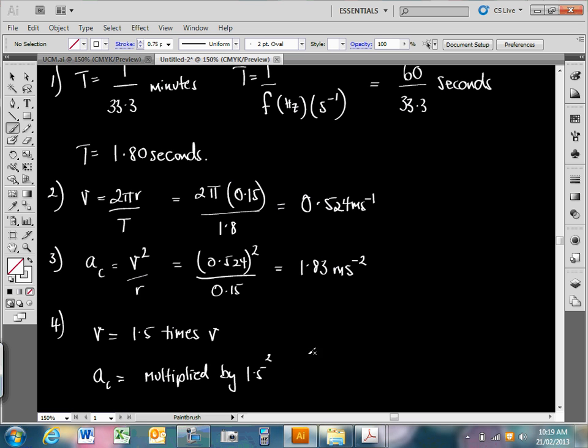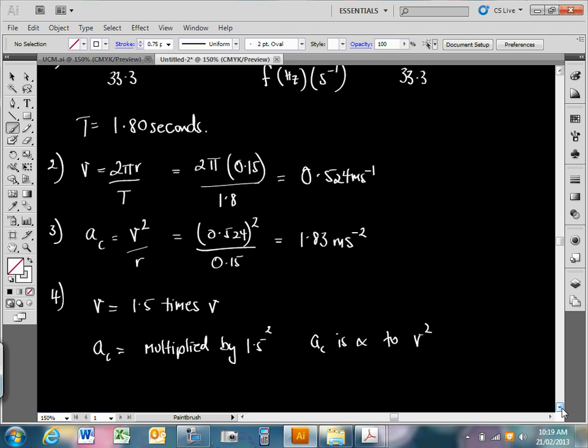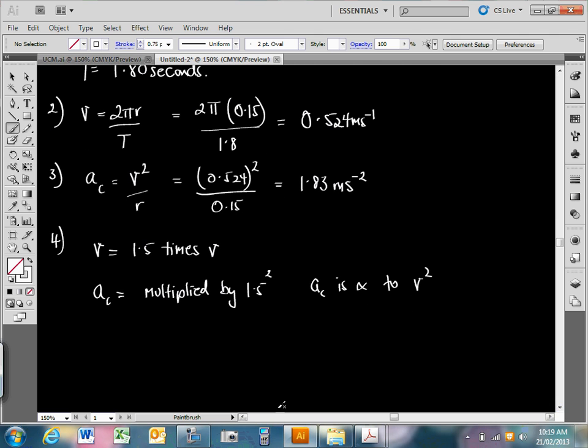Remember that AC is proportional to V squared, okay? Which equals 4.1. Can somebody confirm that number for me?